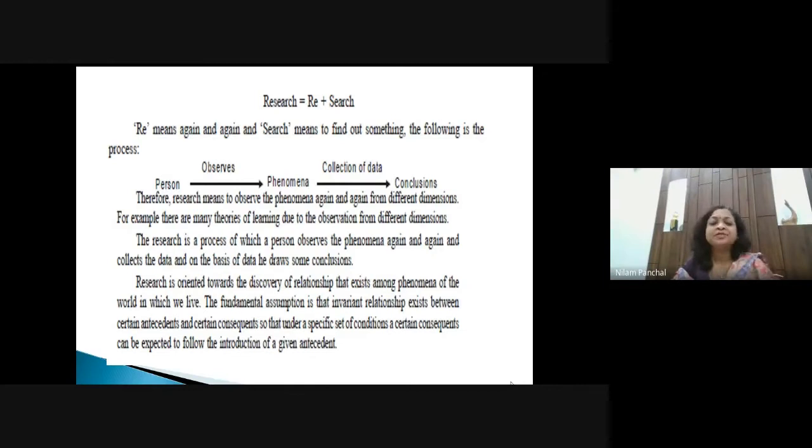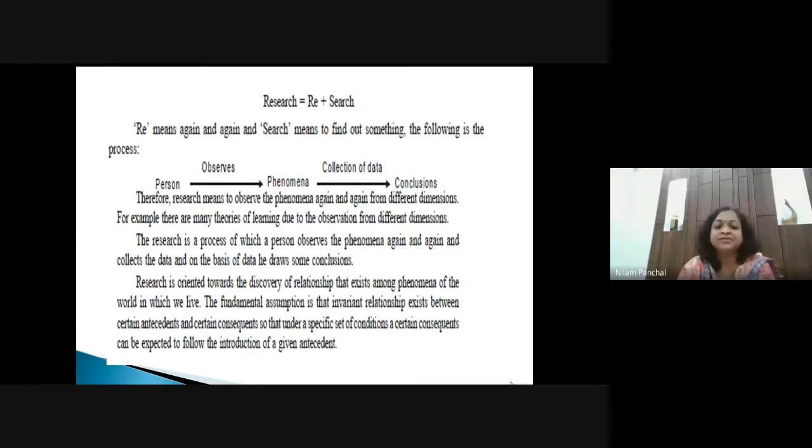Suppose you have some problem in hand and you want to find out the solution of the same, what would you do? You would observe, you would see the process, you would analyze the phenomena again and again, you would collect the data, and you would draw some conclusions.